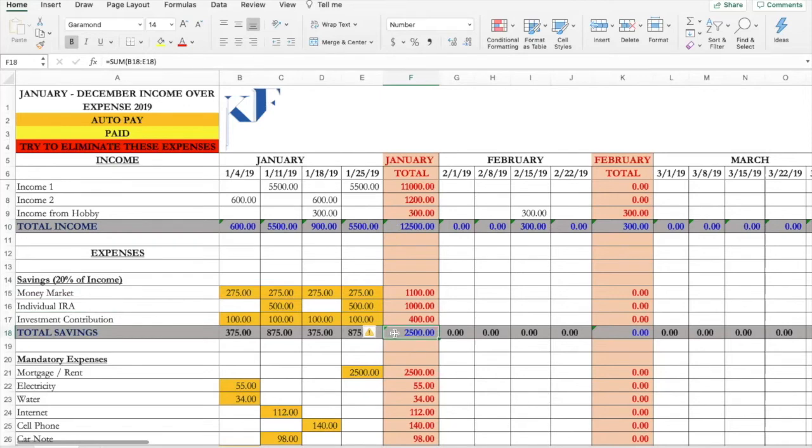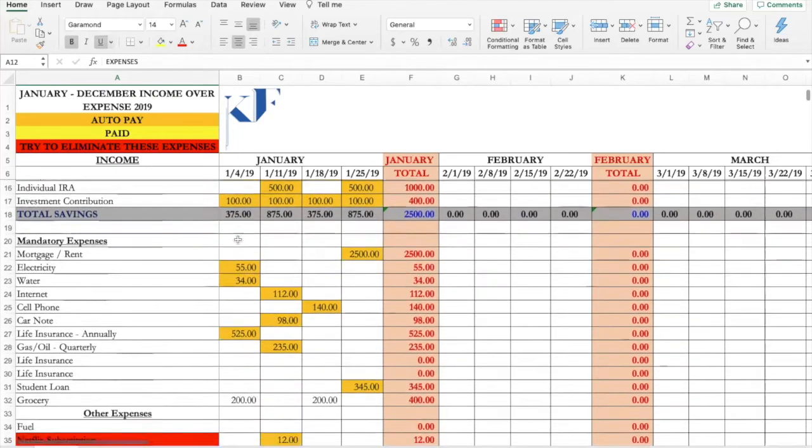Now you can contribute more, or if it's not feasible to contribute 20%, at least try to contribute something. It is not wise to be receiving your paycheck or income and having your entire paycheck going towards expenses. That's not wise. That's literally digging yourself into a deep hole.